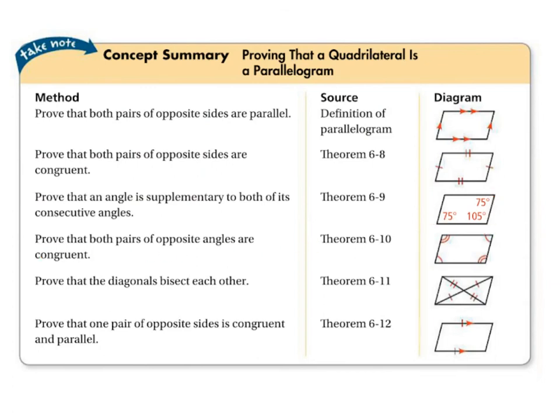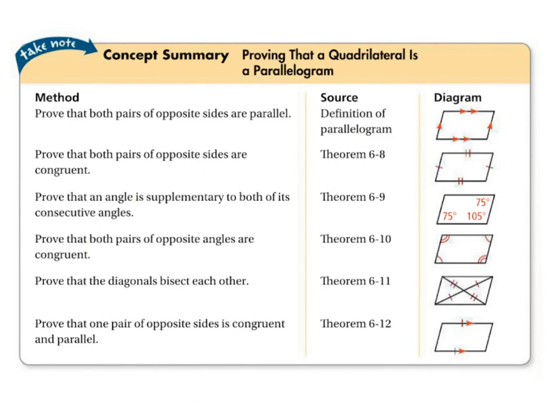If you can prove that both pairs of opposite angles are congruent, we can then state that it's a parallelogram. If you can prove the diagonals bisect each other, then you can state that it's a parallelogram. And finally, if you can prove that one pair of sides is both parallel and congruent, you can state definitely that it's a parallelogram.